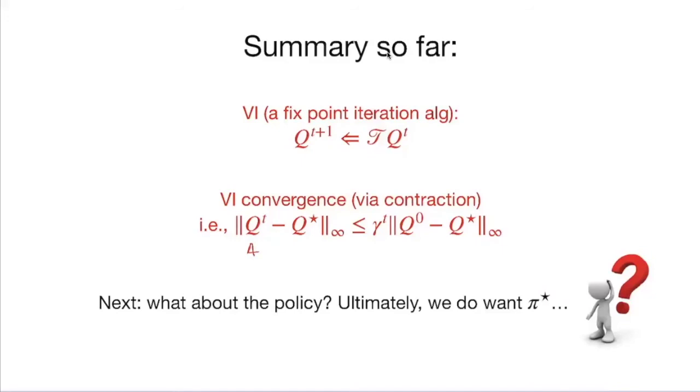But we haven't really talked about how this process gives me a policy that I can use at execution time, like a policy that I can use to play this video game or this board game. So next, we're going to talk about how we can extract a policy from this value iteration process.